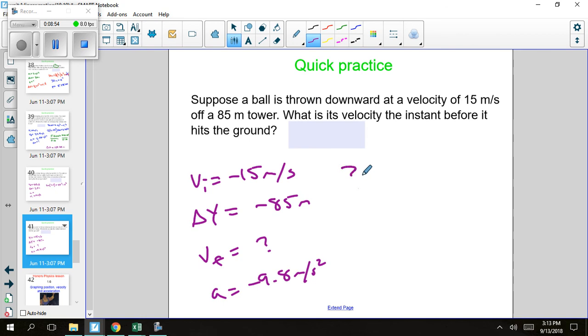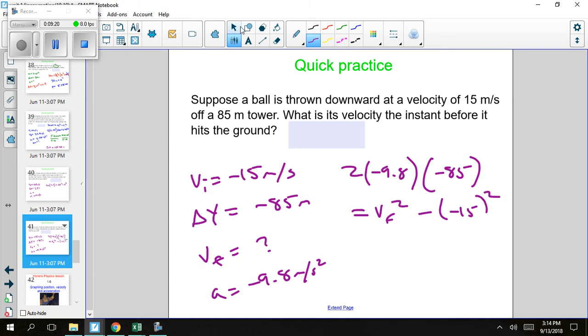Alright, so 2 times negative 9.8, negative 85 equals velocity final, which is what we are looking for, squared, minus velocity initial, negative 15 squared, and we should end up with negative 43.5. Awesome.